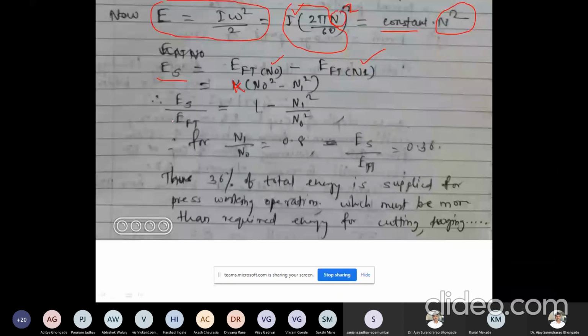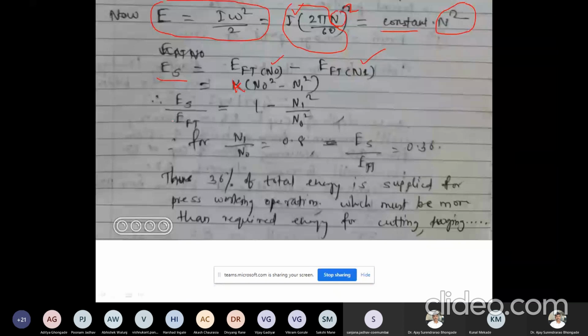So ES is the supplied energy and EFT is the original energy of the flywheel at the normal speed, normal RPM. It means 36% of the total energy is supplied for press working operations, which must be more than the required energy for cutting, drawing, coining, blanking, all those operations. Let us say EFT at N0 is 100 kilocalorie or joules, whatever the energy.